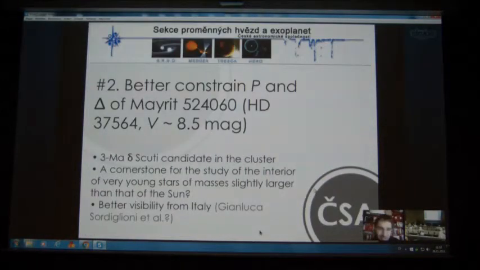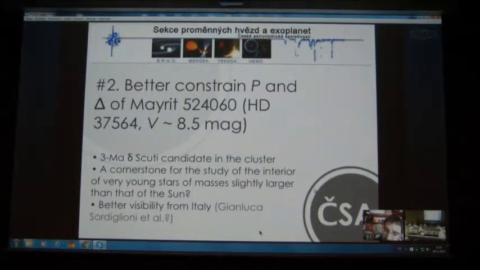Homework 2 is better constraining the period and the amplitude of photometric variability of this star, which has a Henry Draper name. So that means that it is very bright, it's 8.5 magnitudes.